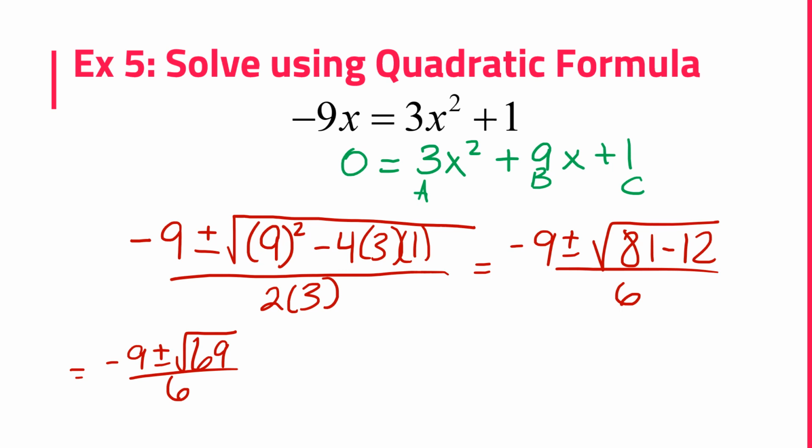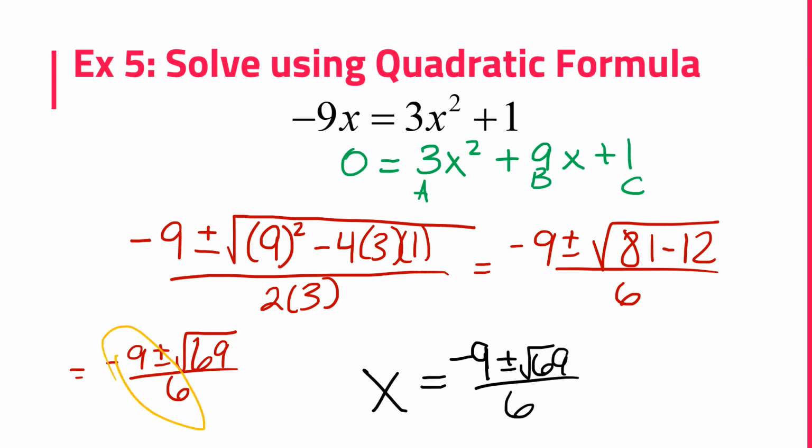So a common mistake here, so this is my answer actually, x equals negative 9 plus or minus the square root of 69 all over 6. I have two real answers. So the common mistake is sometimes students are like, oh, 9 and 6 simplify, but there is not an integer coefficient in the third term that I can divide out, so I can't.